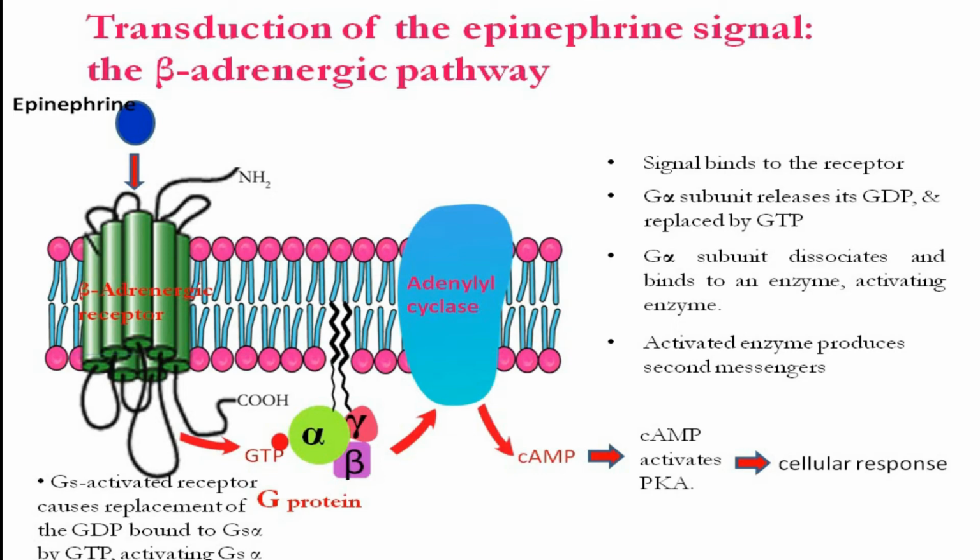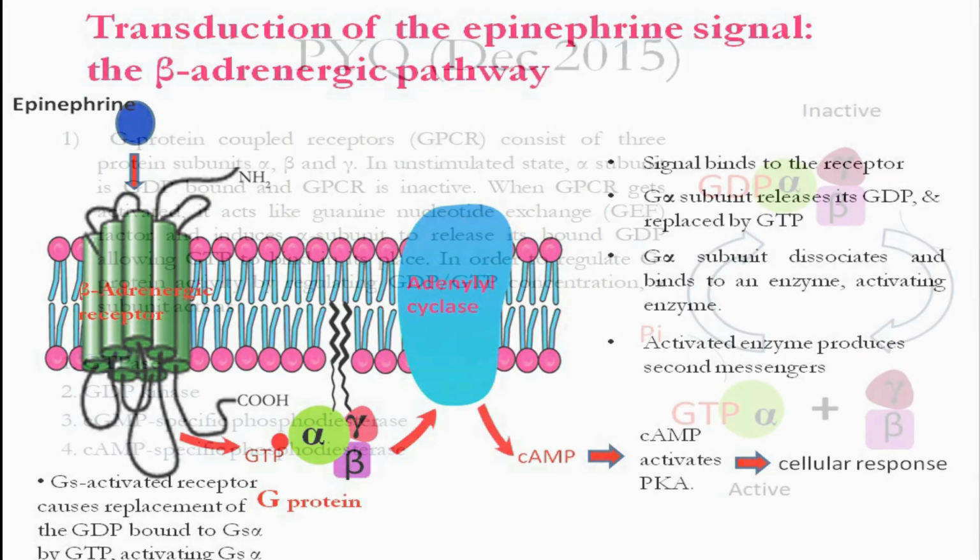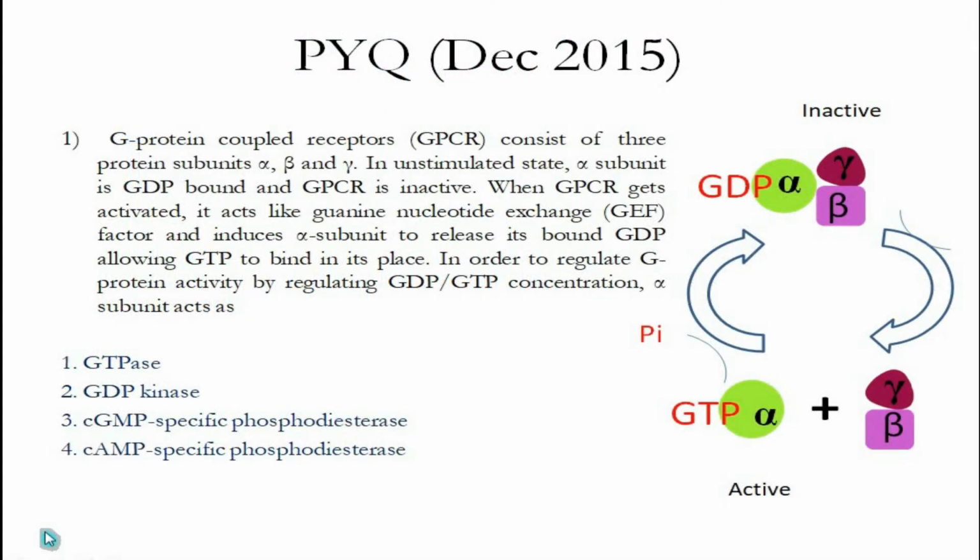Now we can discuss questions. This is a previous year question. The question is, the G protein coupled receptor consists of three protein subunits, alpha, beta, and gamma. In the unstimulated state, the alpha subunit is GDP bound and inactive, and in the stimulated state, the alpha subunit is GTP bound and active.